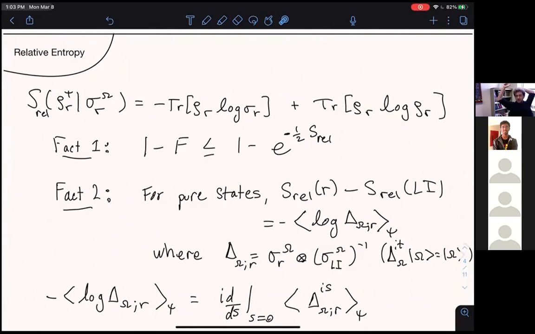Sorry, Adam, can I interrupt you? No, it's good. The statement you said about the if and only if statement, that rho of r equal to omega of r is if and only if F is equal to 1. For this statement, you don't need this perturbation to lie inside R, right? It's basically any unitary that acts on the Hilbert space. It will generate a new vector, there will be new reduced density matrices, and then that if and only if statement will hold.